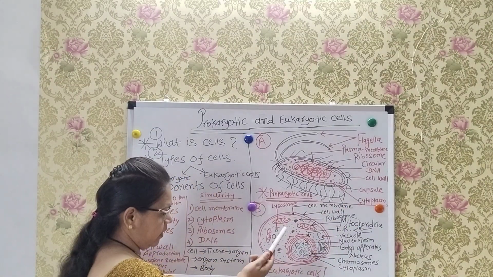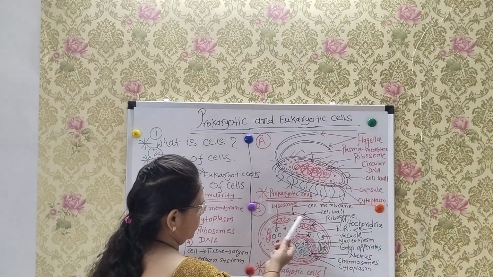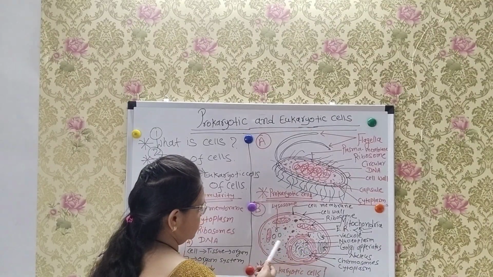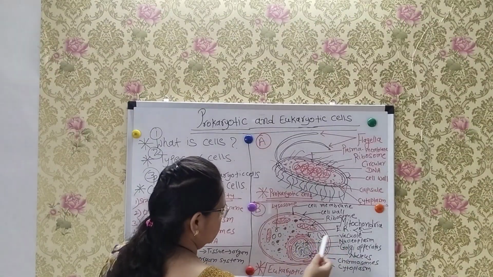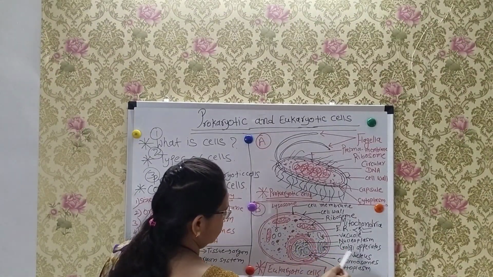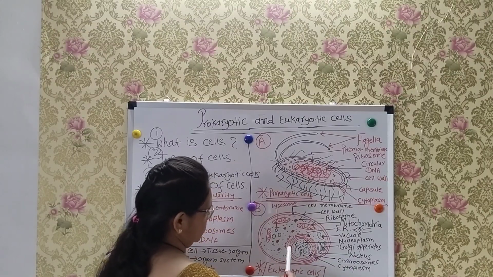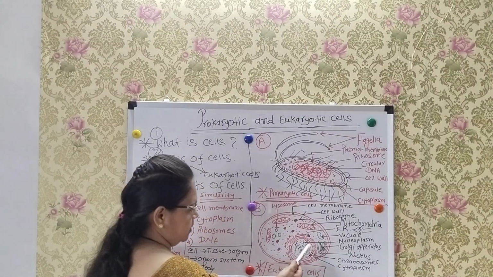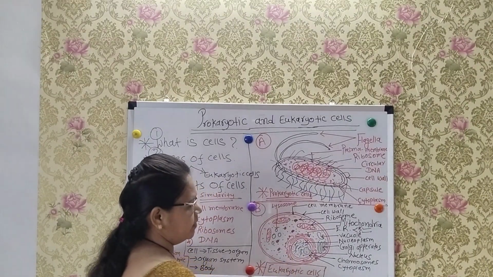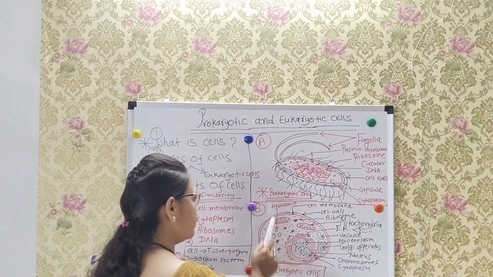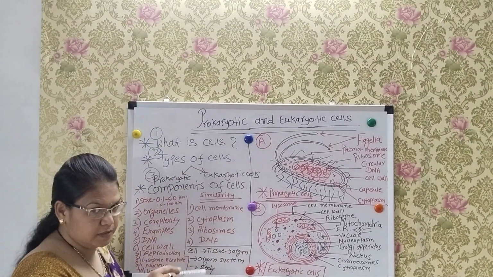But in eukaryotic cells, nucleus, mitochondria, ribosomes, lysosomes, cell wall, vacuoles, Golgi bodies, nuclear membrane, nucleoplasm, and chromosomes are present. Eukaryotic cells have many more organelles compared to prokaryotic cells.